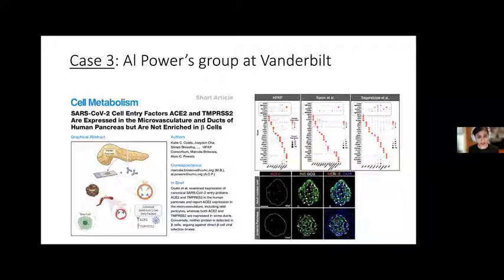The third case study of utilizing the HPAP data relates to a really wonderful study published by Al Powers' group. In this publication, which has been cited 40 times since only December of 2020, Dr. Powers' group examined very carefully the expression of ACE2 and TMPRSS2 in pancreatic islets and showed that these proteins are actually not expressed in beta cells, despite what some of the literature indicated.